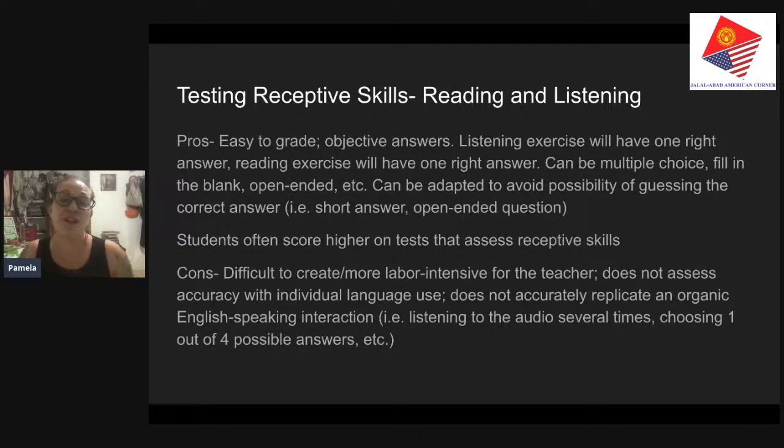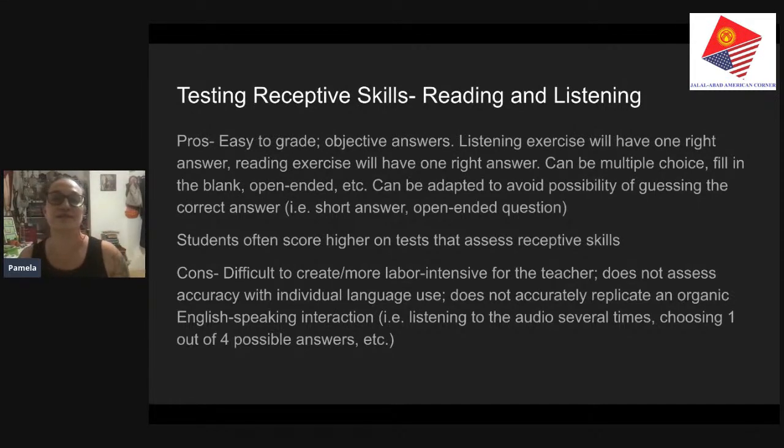So they often score higher on tests that assess receptive skills. And I know everybody here knows this, and I know this as a language learner as well, that it's easier to read and to listen than it is to speak and to write correctly with accuracy. Sure, for sure.